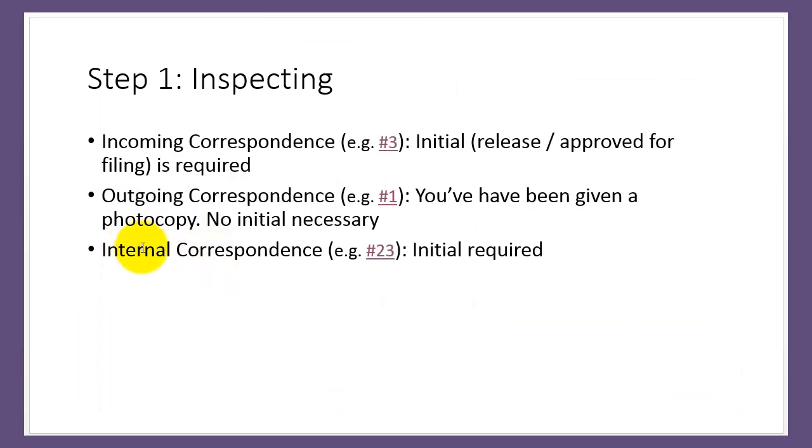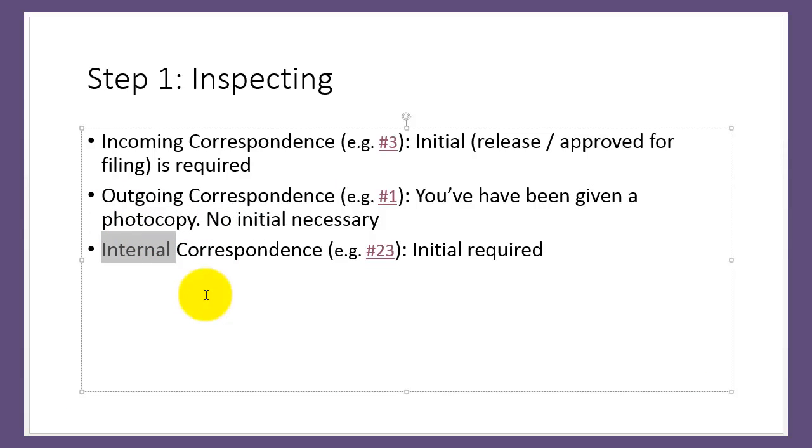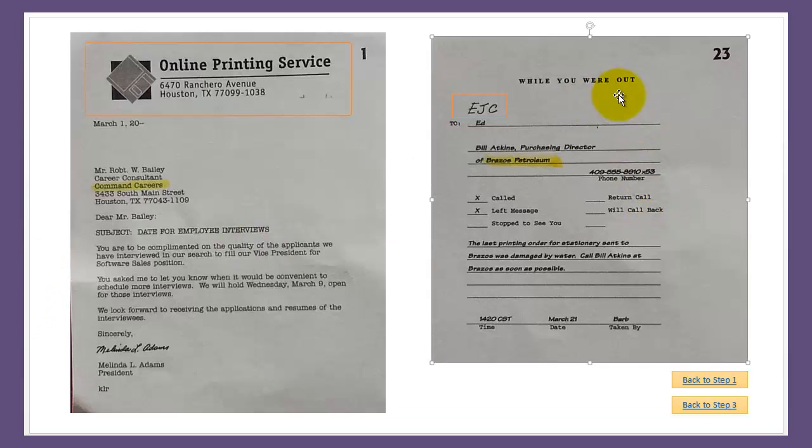And sometimes we have an internal correspondence, and here's an example over here. This is just a memo, basically a phone message to Ed, who is our vice president, and he read the note, the memo, and he put his initials indicating to file this internal correspondence.